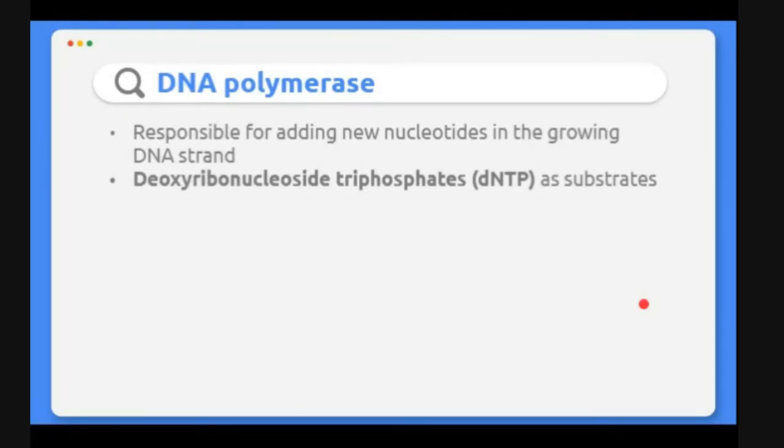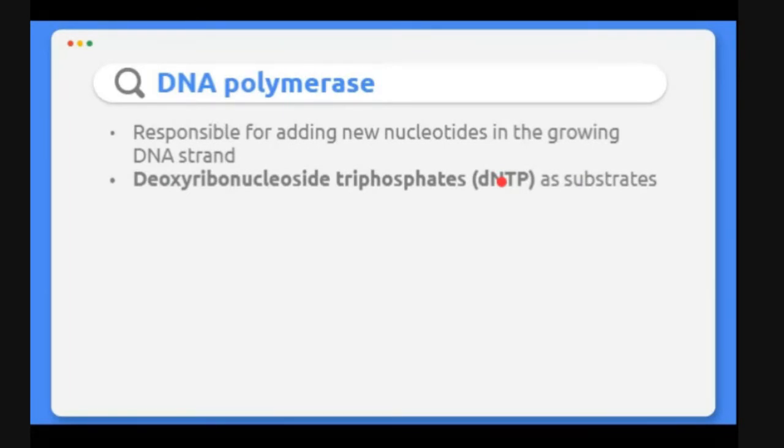Yung substrates niya are called deoxyribonucleoside triphosphates, or for short, dNTPs. So, remember in your chemistry class, when you have an enzyme, you have a substrate, right? Yung enzyme mo dito, DNA polymerase, and yung substrate mo ay yung dNTPs.